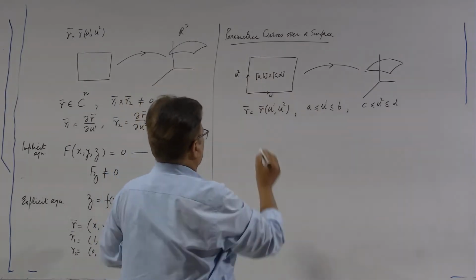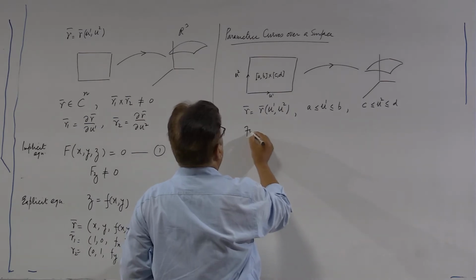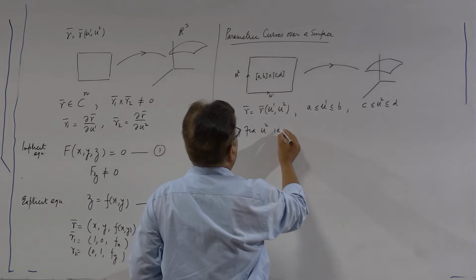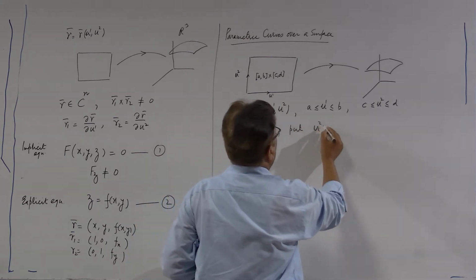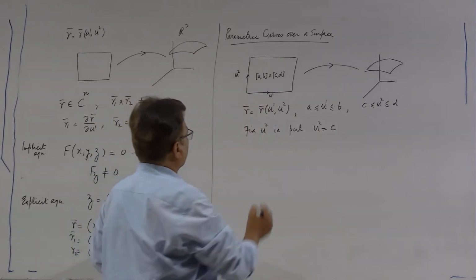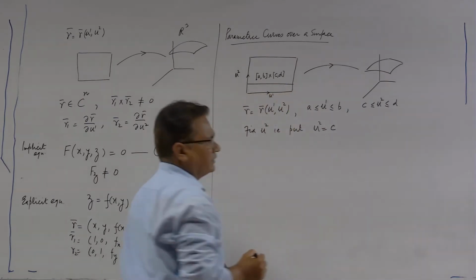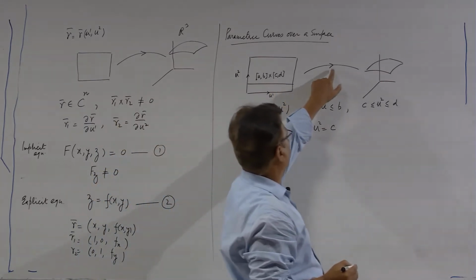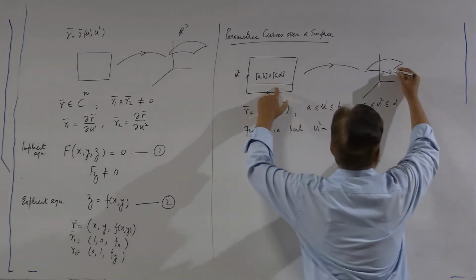Suppose I fix u2, that is, I put u2 equal to some constant c. Then inside the rectangle, u2 equal to constant will be some line, and if I restrict my function over this line, it will be some curve.